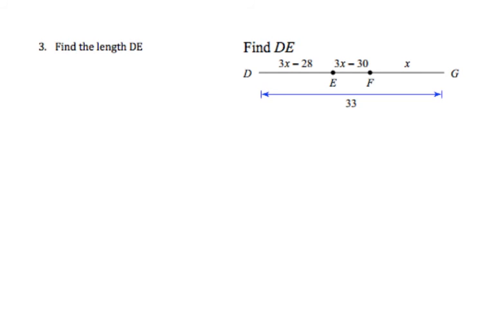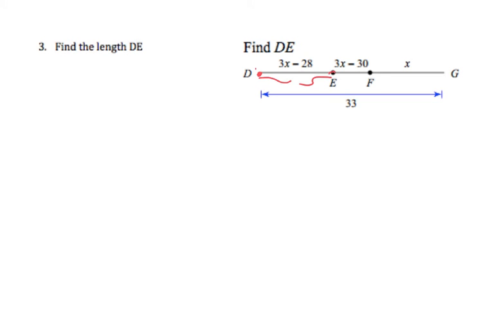All right, now we're going to go a little bit more in depth. Those are kind of basic with just plain numbers, I know, adding and subtracting. Okay, now find the length of DE. DE is right here from D to E. So this is what we're looking for, DE.